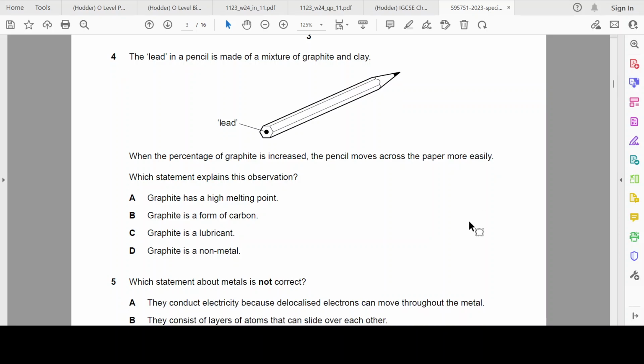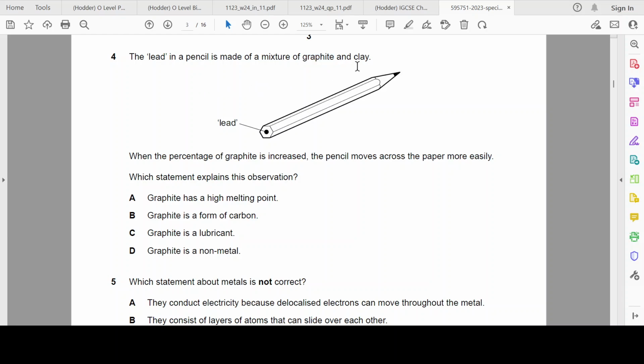Question 4. The lead, and they've put it in inverted commas because we call it lead, but it's not the element lead. The lead in a pencil. Sobia, are you following? The lead in a pencil is made of a mixture of graphite and clay. What's graphite made of? Do you recall? Carbon.